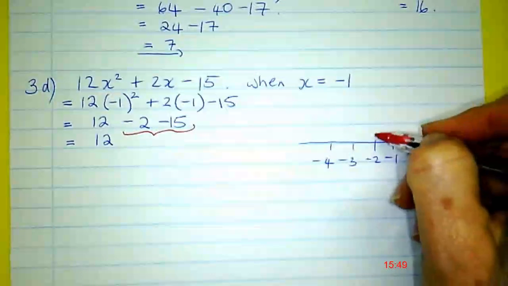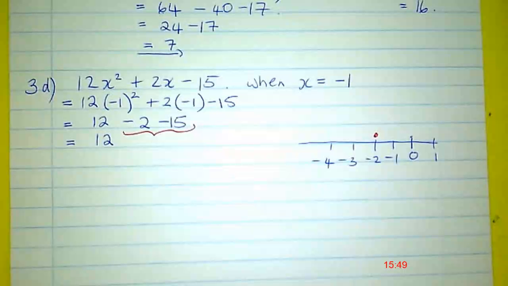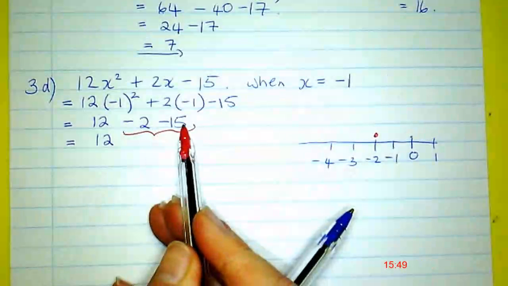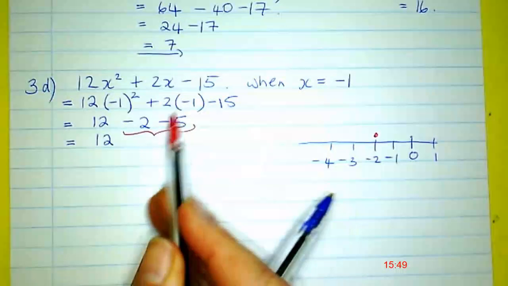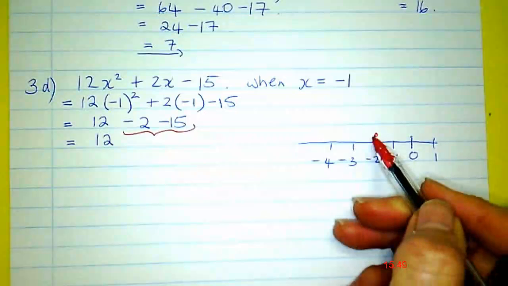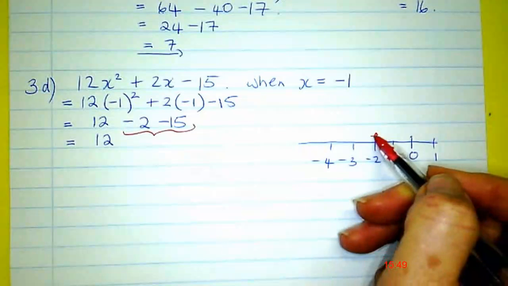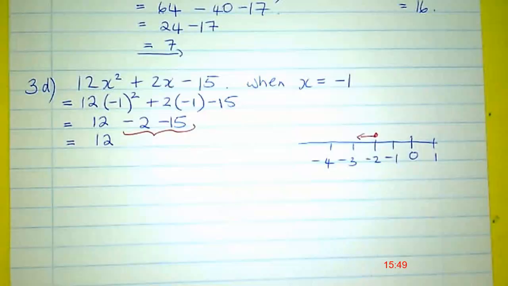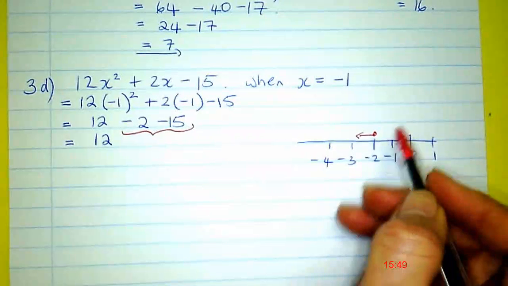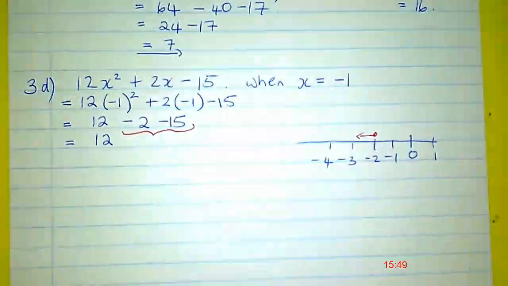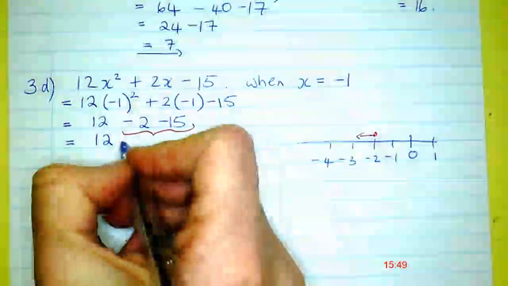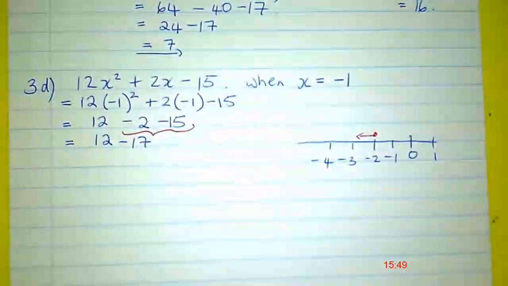I'm starting already at minus 2. And now I have to subtract 15. I'm subtracting a normal old number. We know that when we subtract a normal number, I've got to go in this direction. So where are we going to land up? Well, I'm already at minus 2. So if I hop this way another 15, I'm going to be at minus 17.